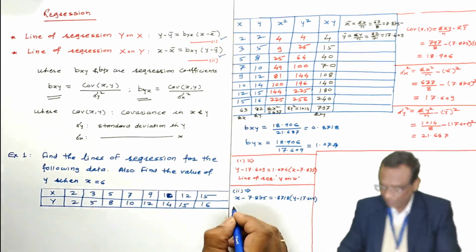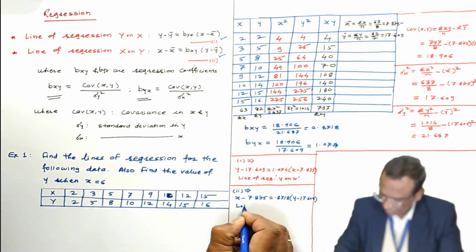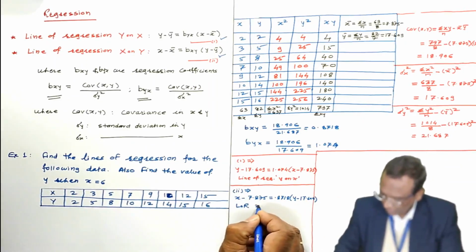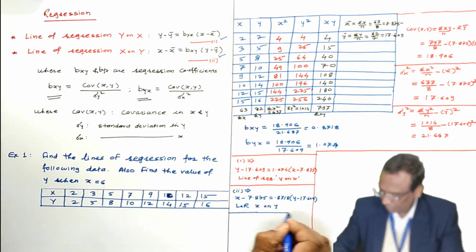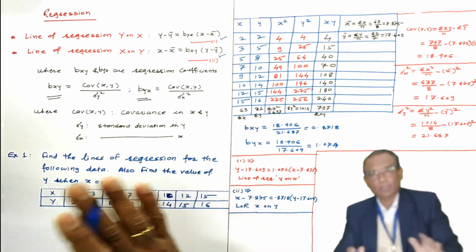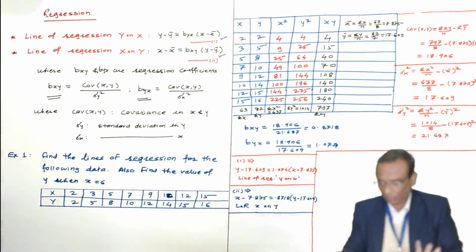Okay, this is the line of regression. In short, I am writing line of regression x on y. Now the line of regression x on y and the line of regression y on x we have found.